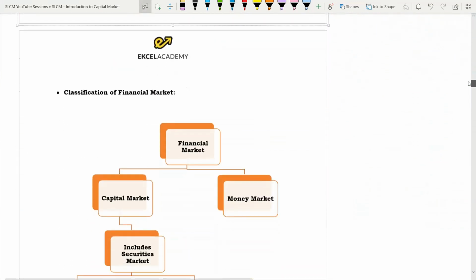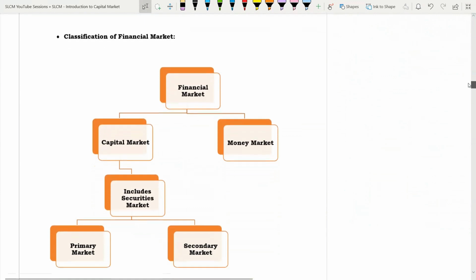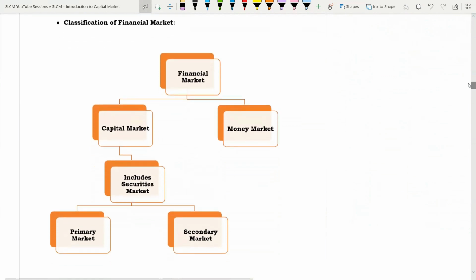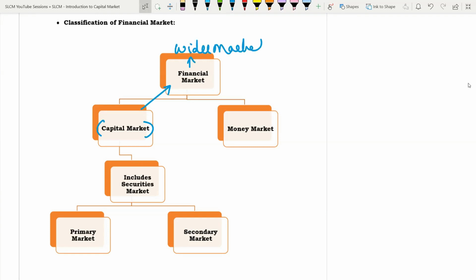Going ahead, the most important aspect of this particular chapter is the classification of the financial market. Like I told you, the capital market forms a part of the financial market. So the financial market is a wider market, which includes various other components and sub-components. The main component is the capital market and the other component is the money market.